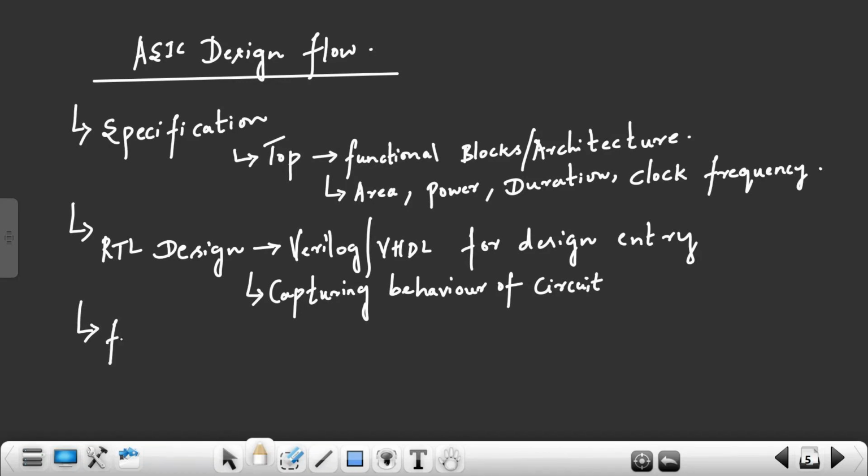Functional verification or design verification. This is a very important role in our ASIC design flow.